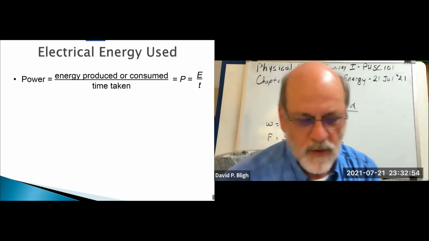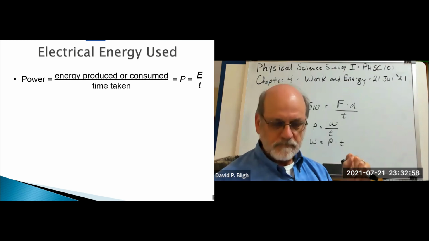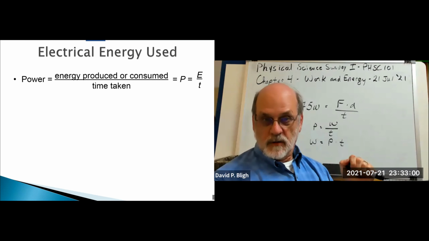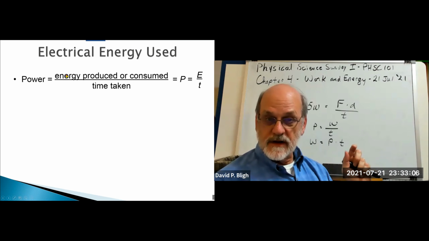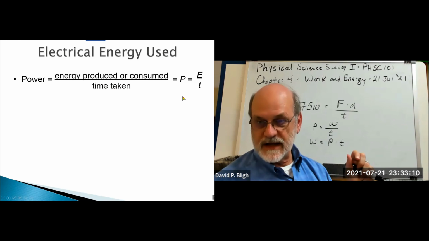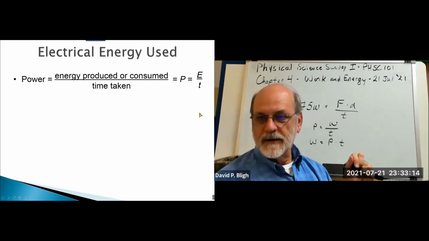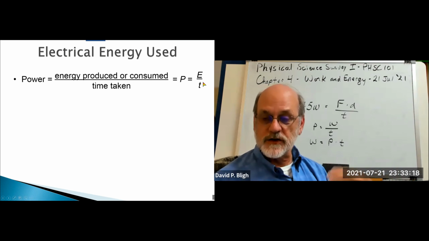All right, we're about finished with the theoretical discussions, and we're going to look at some practical implications relative to energy. But first, let's talk about electrical energy. Power, of course, is energy produced or consumed over the amount of time taken. So that's energy per unit time, which is equivalent to work, because energy is the potential to do work.